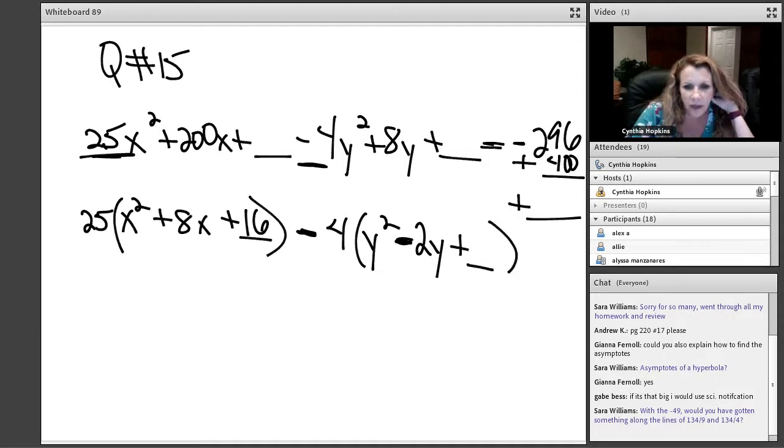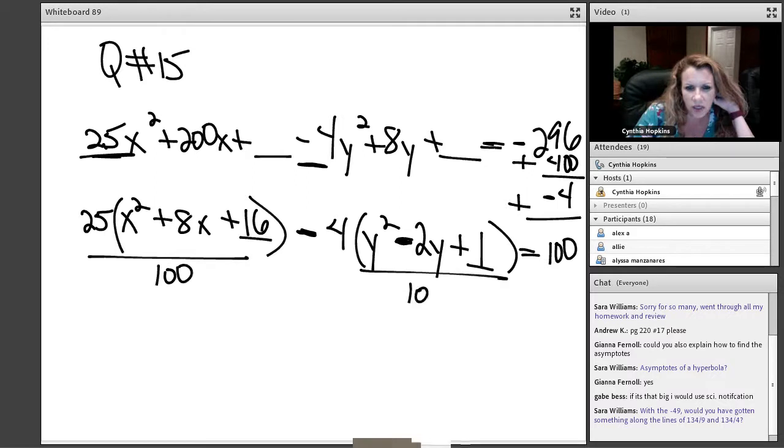All right, then I'm ready to complete the square. So I take half of my -2, square it, that's 1. But because of the -4 times 1, I'm going to subtract 4. And when I combine all of those terms together, I get positive 100. Okay, so I'm going to go over 100, over 100, over 100.